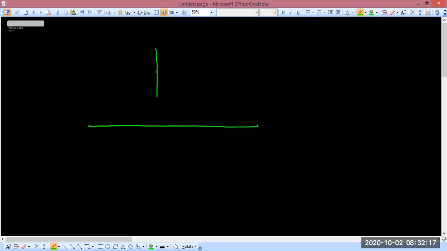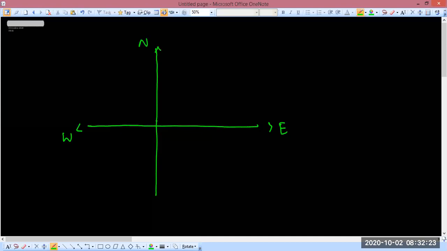Let's say that this is as usual, east on this side, west here, north here, south here. Okay, and we are spying. So suppose this is that terrorist house, right?